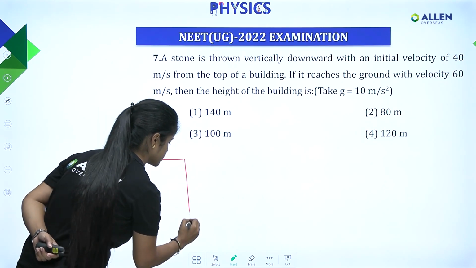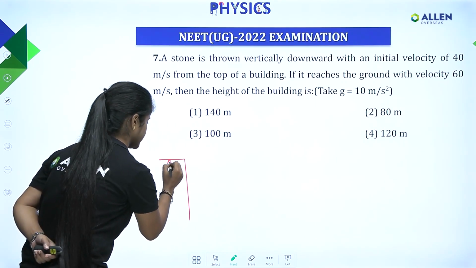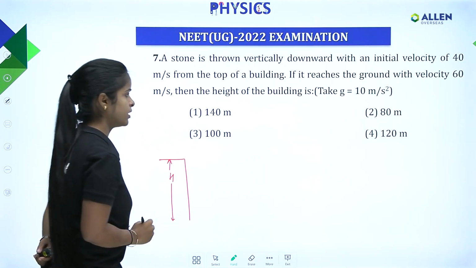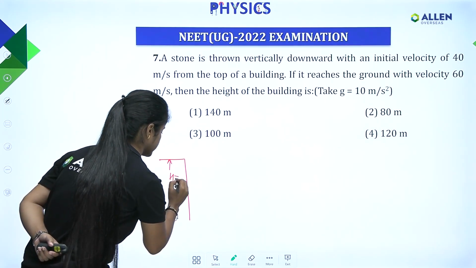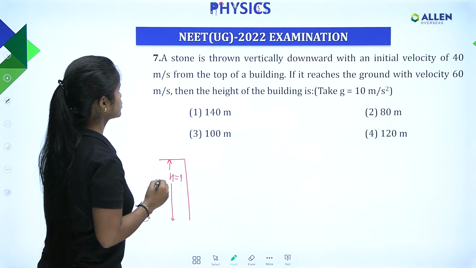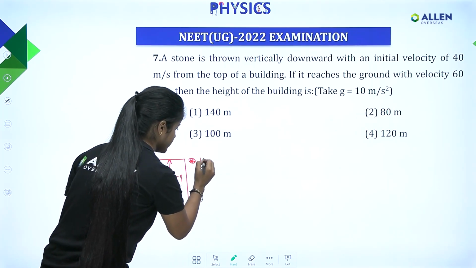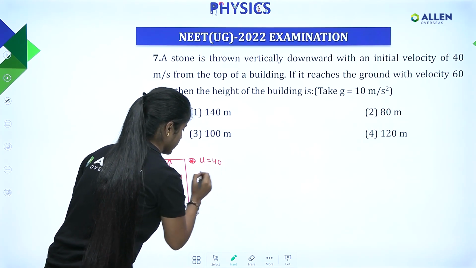Let us suppose this is our building of height h, right? H, we have to calculate the height of the building. A stone is thrown vertically downward. Here is the stone. And in this condition u equals 40.